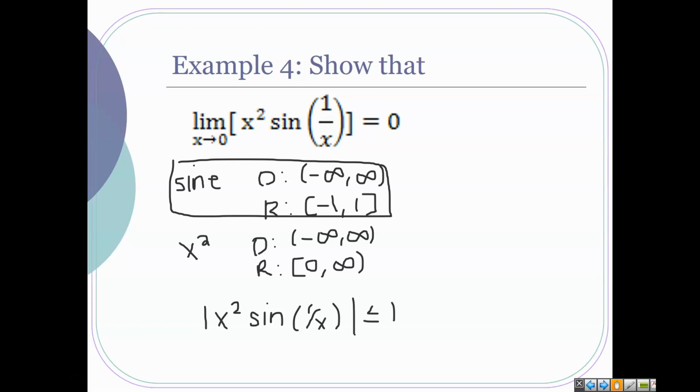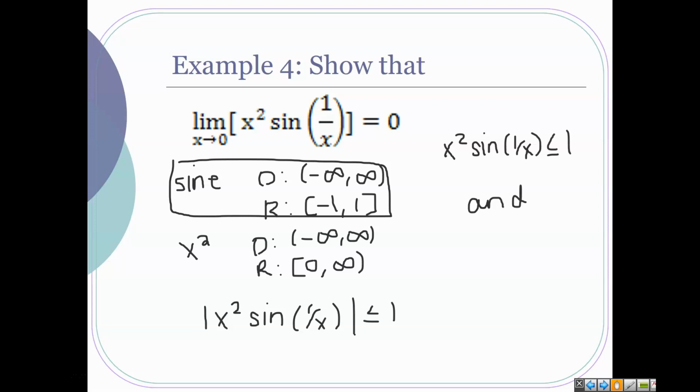And do you remember when you talked about inequalities? Less than was and, greater than was or. So if you split an absolute value inequality that is a less than problem, that became x squared sine 1 over x is less than or equal to 1.